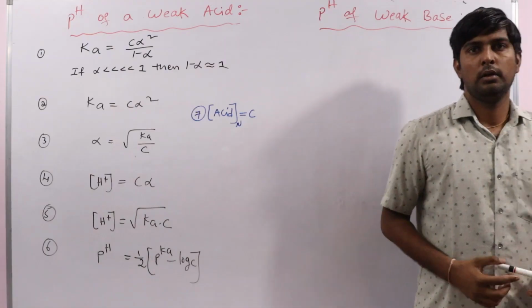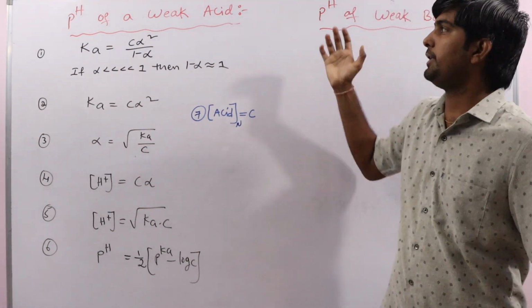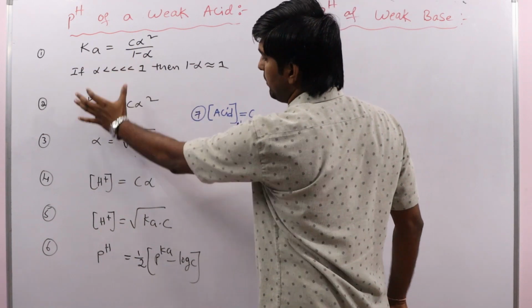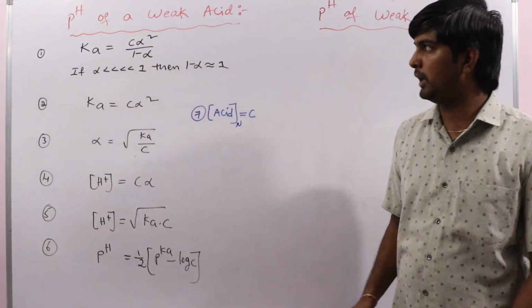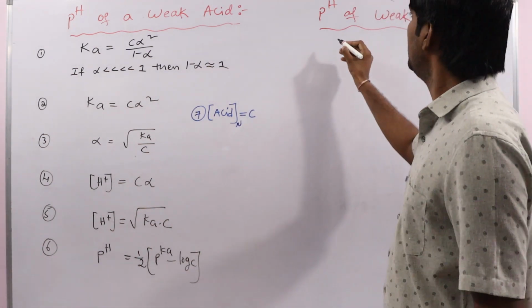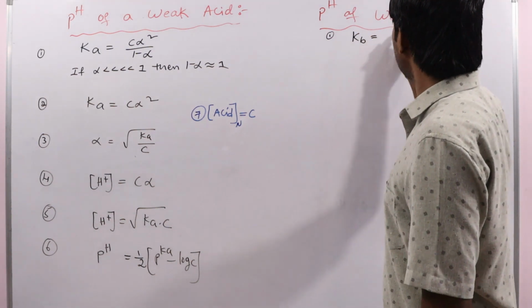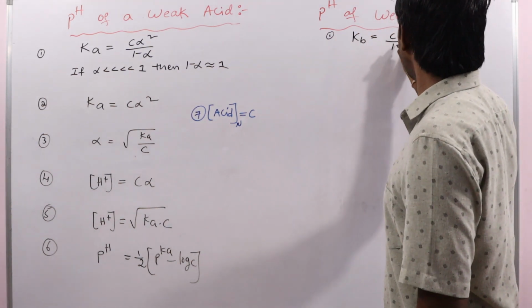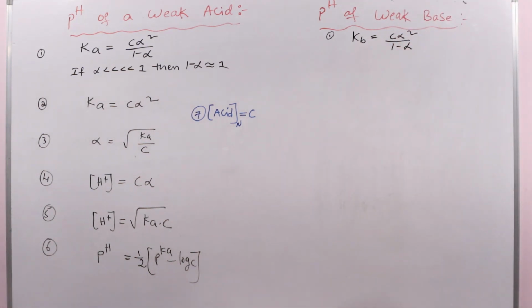Now let us see the pH of a weak base in the same manner. See, these are the different formulas for the pH of a weak acid, which we just discussed. In the same way, for the pH of a weak base, first we get Kb equal to C alpha square by 1 minus alpha.